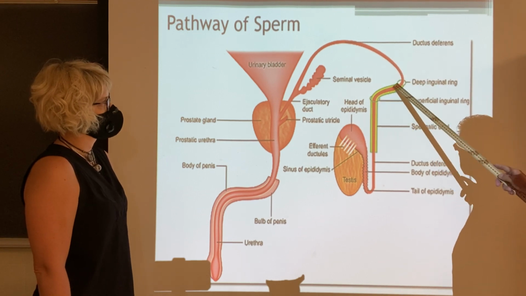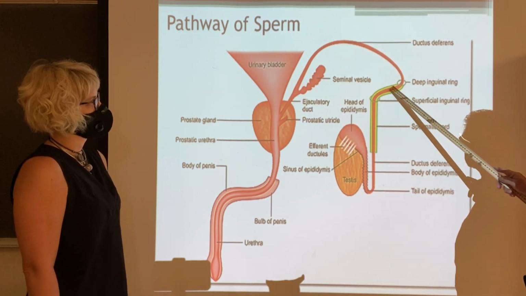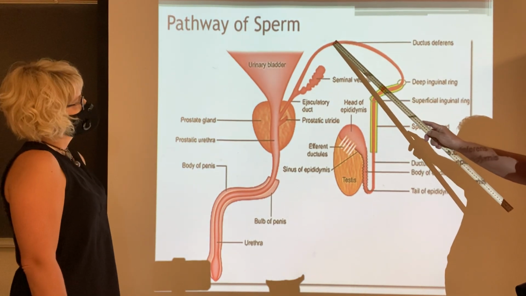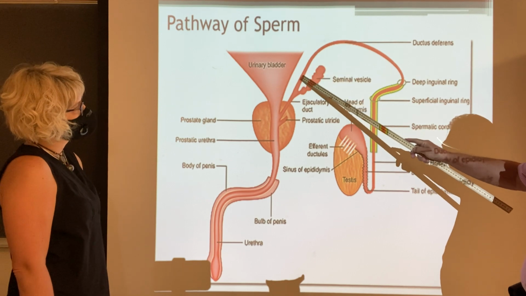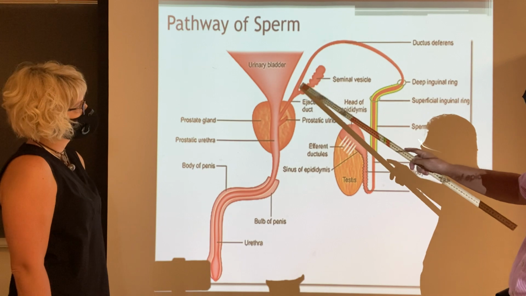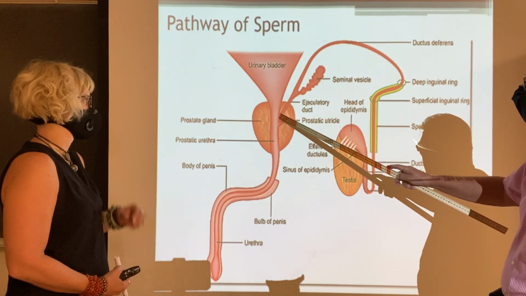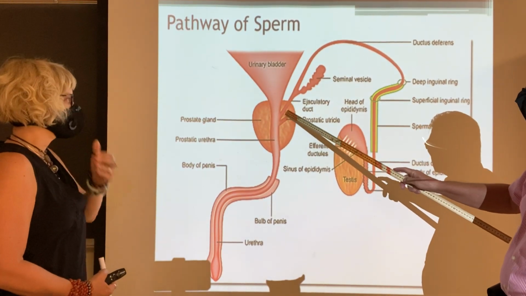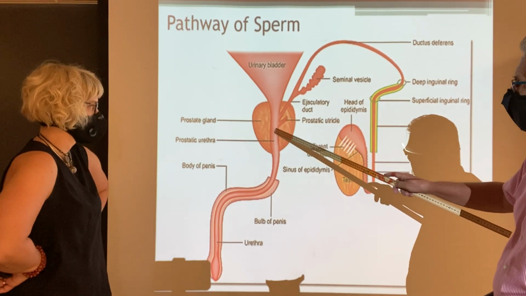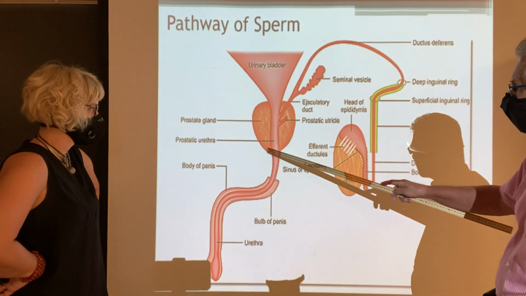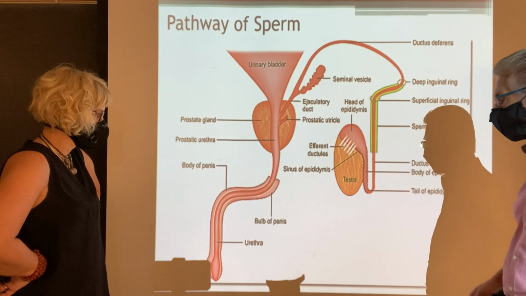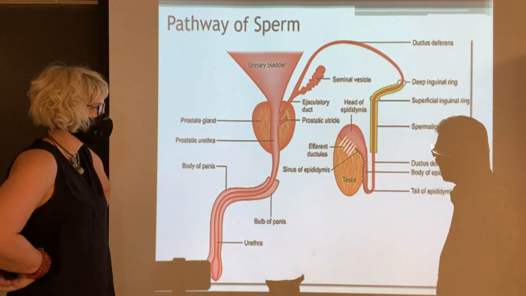This is part of our spermatic cord. This then travels up and around to the posterior aspect of the bladder, where it joins with the duct of the seminal vesicle to produce the ejaculatory duct, traveling through the prostatic urethra, then into our membranous urethra, into our penile spongy urethra, and ejaculation to the exterior.